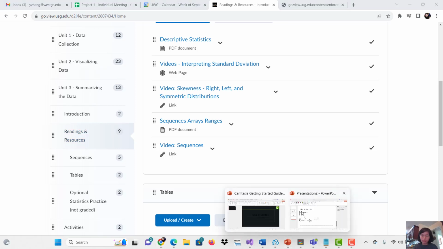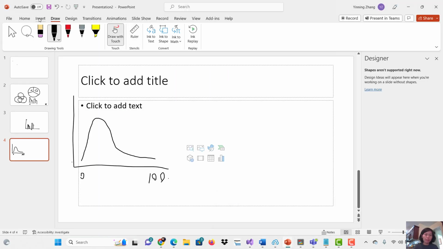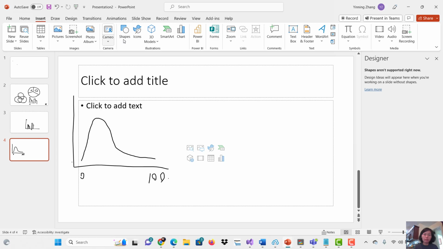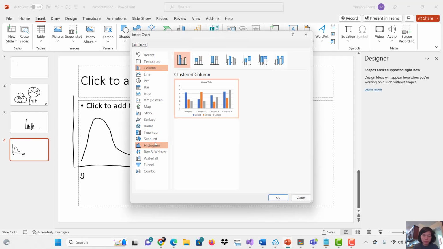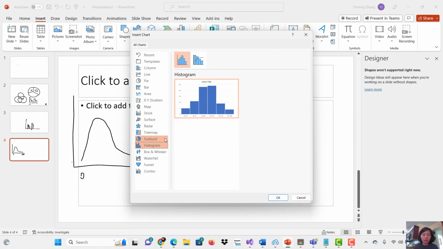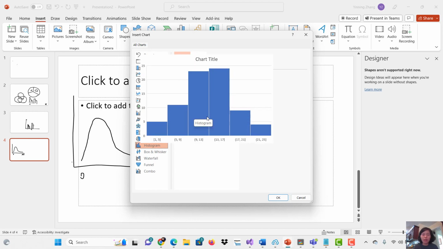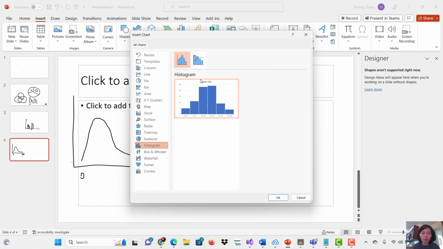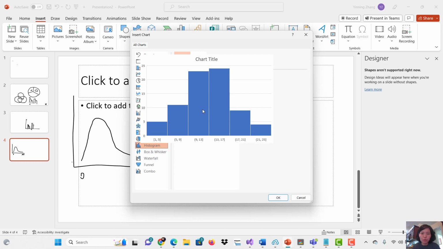For example, if I pull up a histogram chart like this, you can see this one is very symmetric, and from the histogram you can see how many people are between 9 and 3.